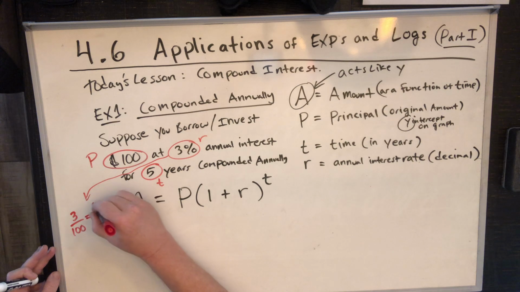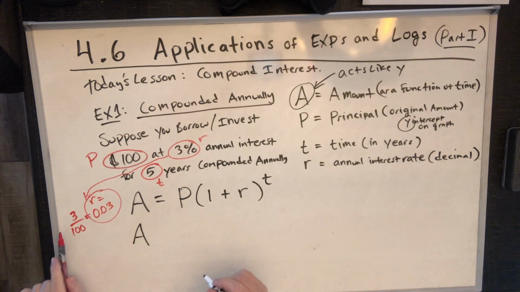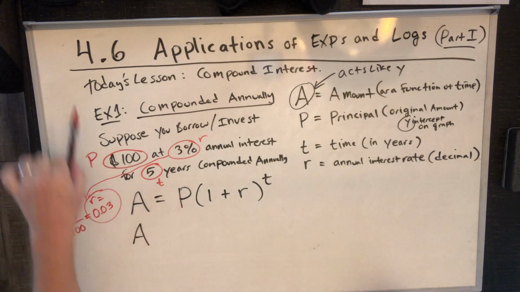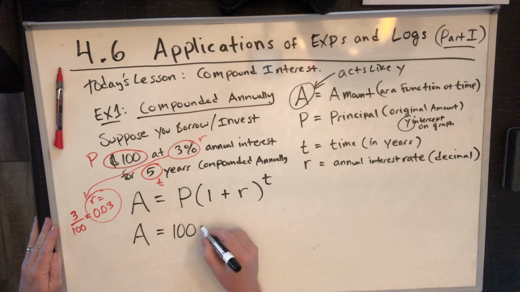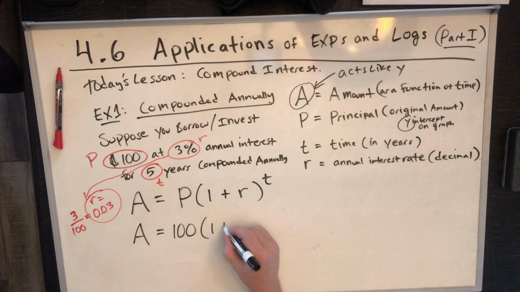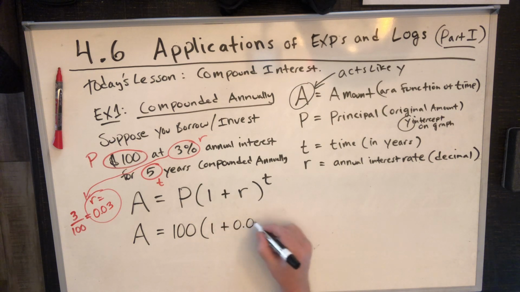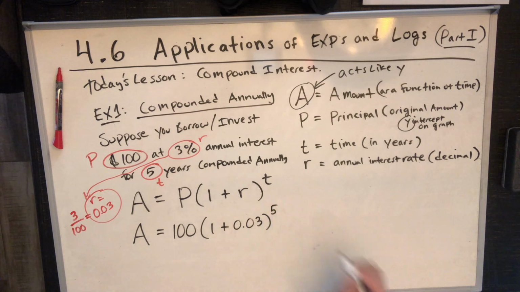So that's going to be our R. So the amount that we owe, or the amount that we will have in our investment account, is the original P times 1 plus 0.03 raised to the 5th power.